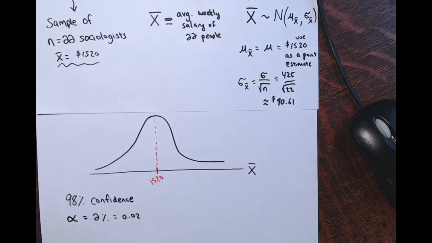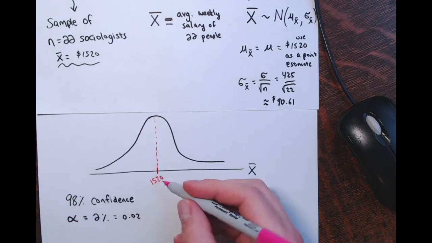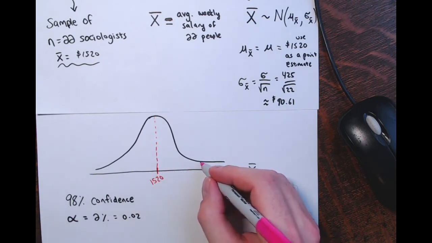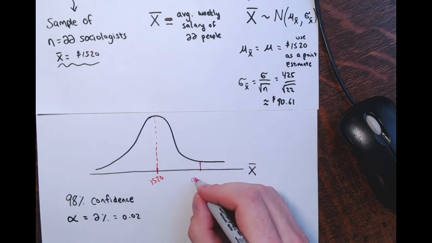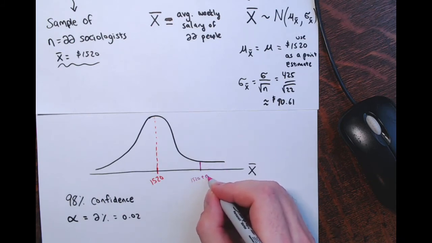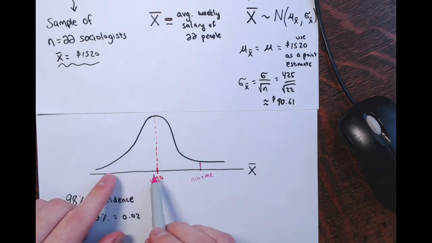Now, what we're looking for when we create a 98% confidence interval is, I'm starting from the middle here, and I'm going to go to some value above, which will be 1520 plus this margin of error, and then that same value below the middle.